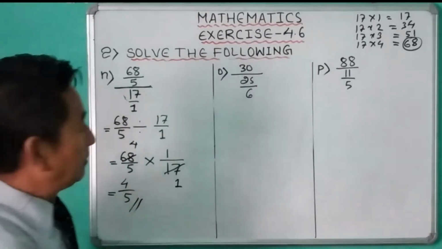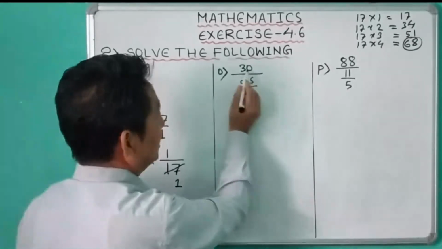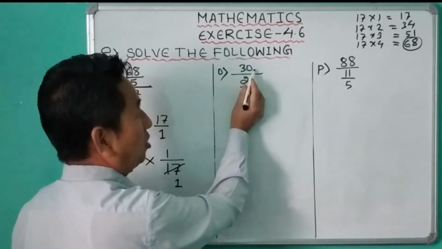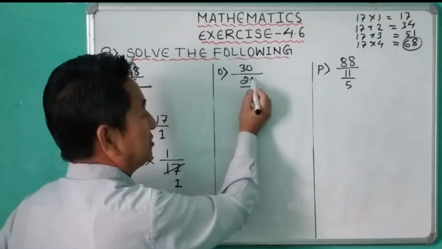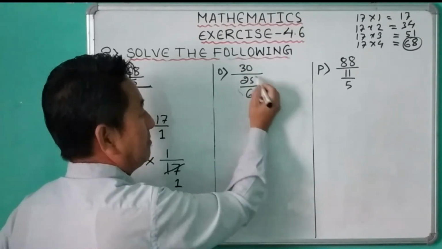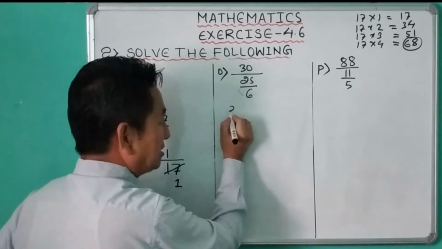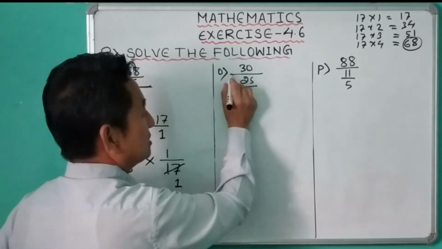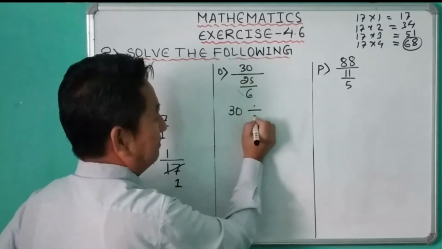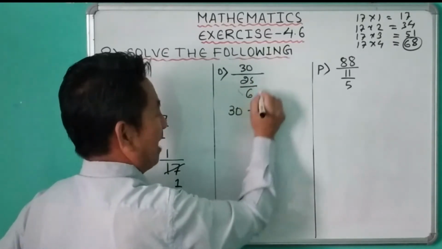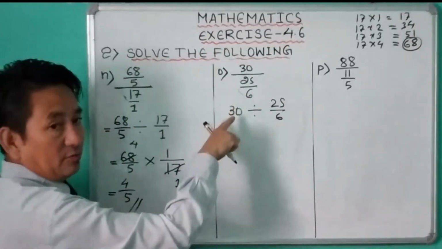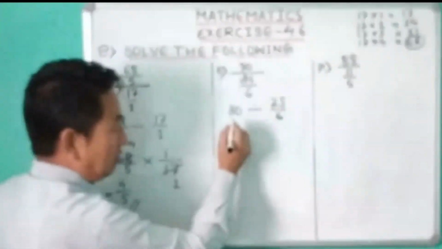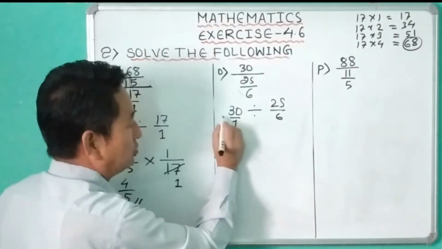Now next, here 30 is the whole number. This whole number is divided by this fraction 25 over 6. First we'll write 30. Now this line means divide, we'll write divide sign. Then we'll write this fraction 25 over 6. Now there is no denominator in this case, so we can write 1 as the denominator.